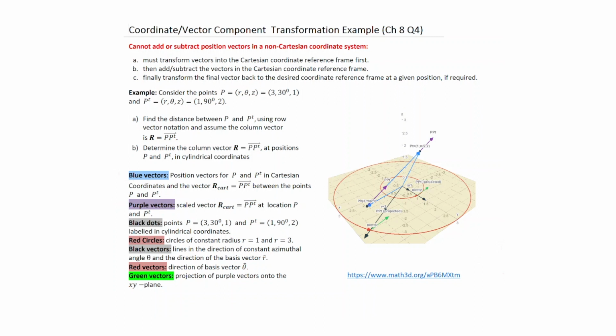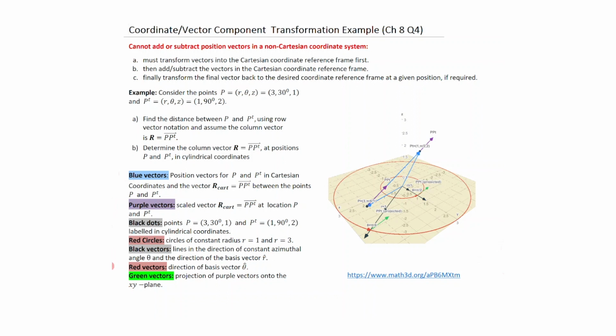The black dots are the different points, but we're labeling them here in cylindrical coordinates, so they're given an r component, a theta component, and a z component. The red circles are of constant radius, one at r equals 1 and one at r equals 3. That corresponds to the actual two points that we were considering. The black vectors are lines in the direction of constant azimuthal angle theta, which turns out to be in the direction of the basis vector r hat.